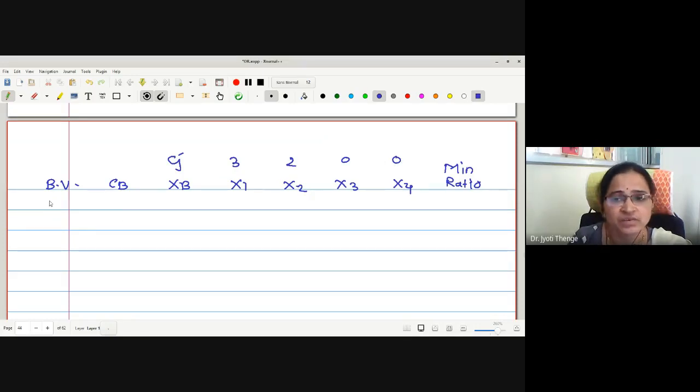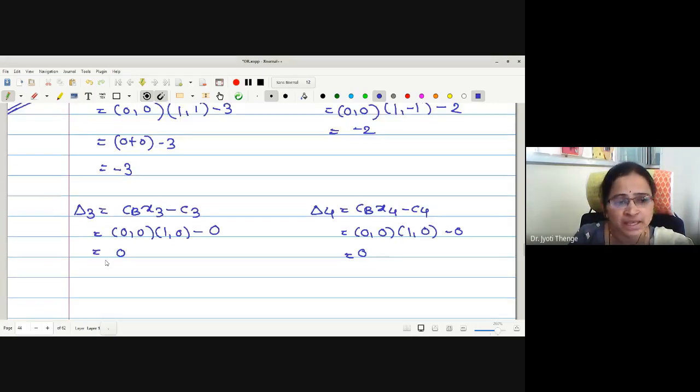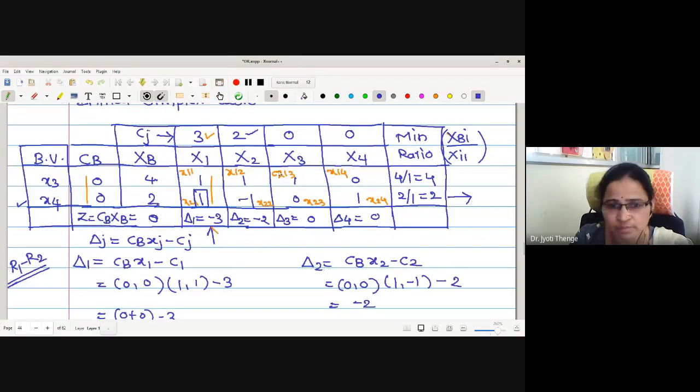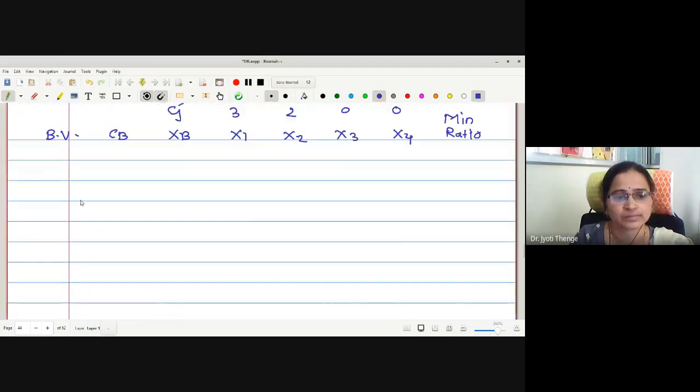Okay, what are the basic variables now? This x4 variable is going to leave the basis, and which one is entering? X1 is entering. Therefore, what are my new basic variables? X3 and X1. Correct? The new basic variables are X3 and X1. Now, what is the cost of these basic variables in the objective function? For X3, no doubt the cost is 0.